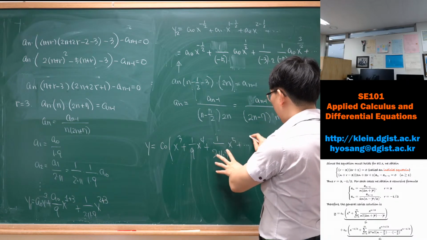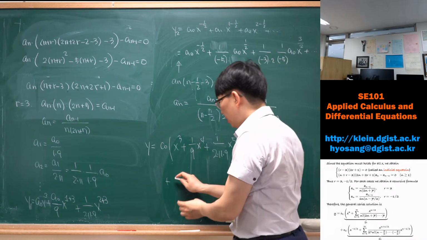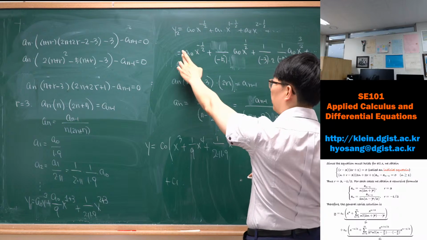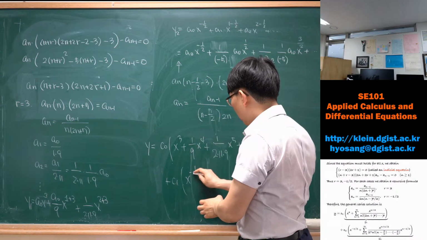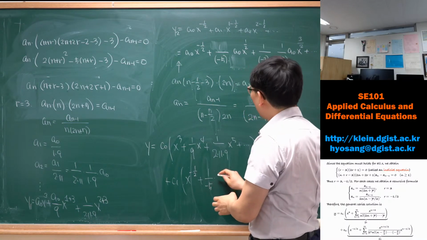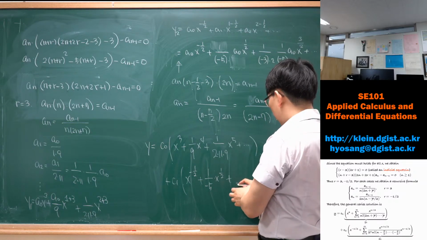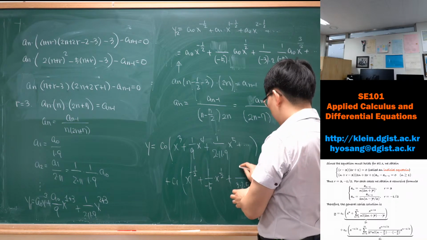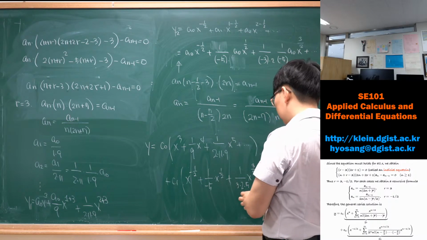Then let's use another parameter different from c_0, say c_1, and replace a_0 with c_1 here. So we get x to the minus 1 over 2 and minus 1 over 5 x to the 1 over 2, and here 3 over 2 times 5, x to the 3 over 2, and so on.